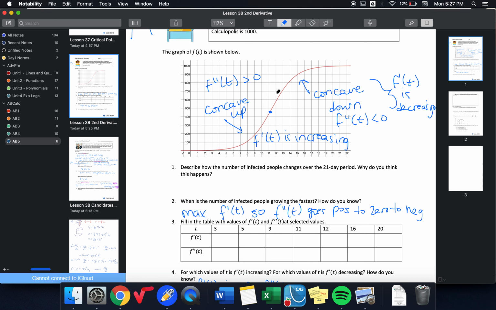My function is constantly increasing, but not the first derivative. This is my steepest point. We also call this our point of inflection. Inflection: where we've gone from concave up to concave down.